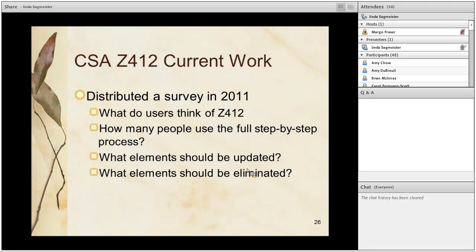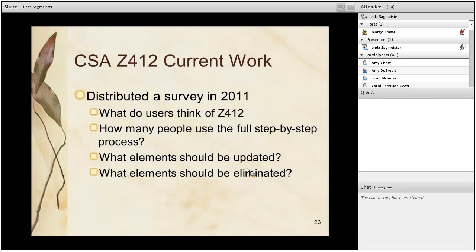The current work that the CSA is doing right now with the Z412 started a little bit, you know that the last one was 2000 and it was reaffirmed in 2011, but at the same time, even though they reaffirmed it, they sent out a survey to a wide number of end users because they wanted to find out where this is going, given the changes over the years in technology and so on.